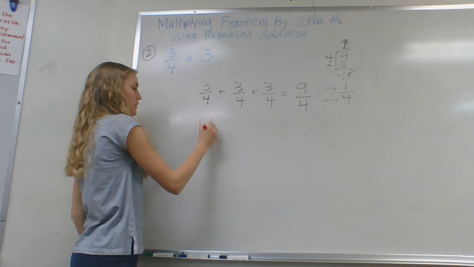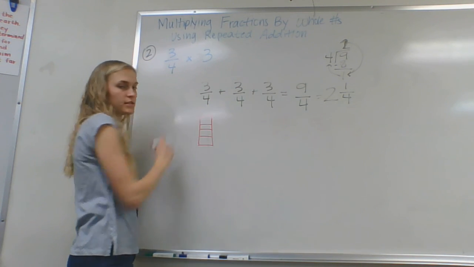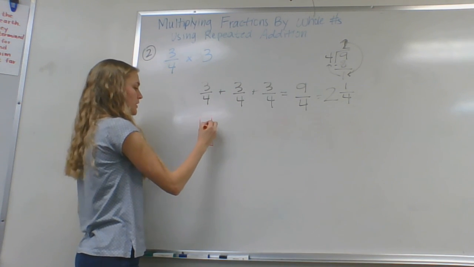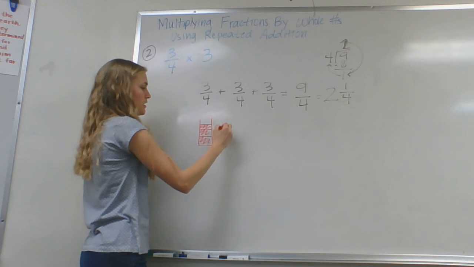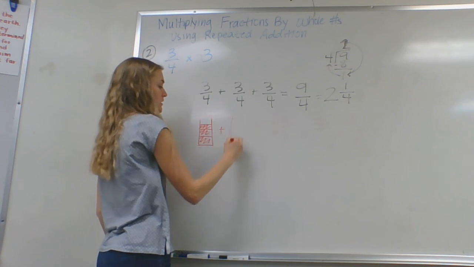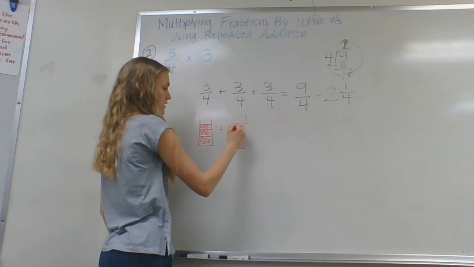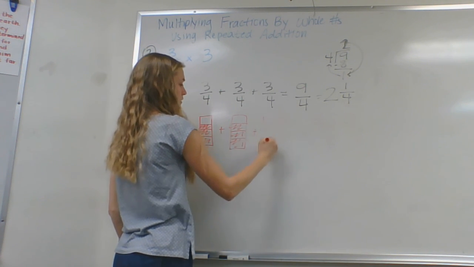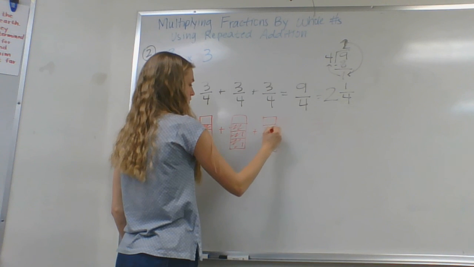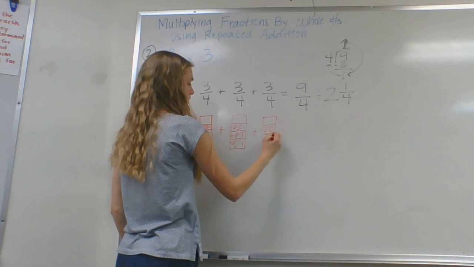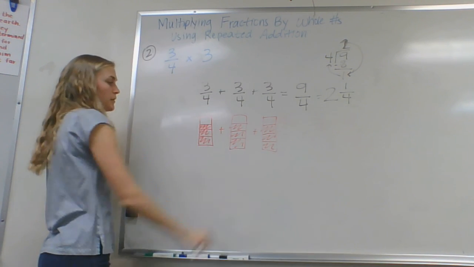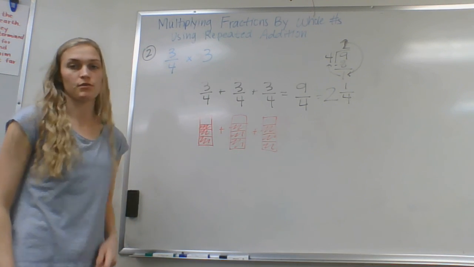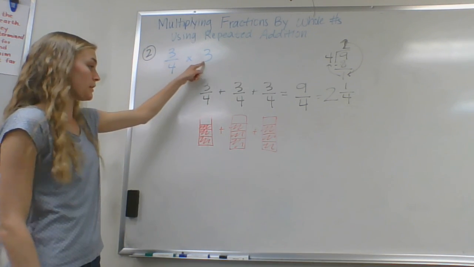So we're going to take a model and split it into 4 pieces because that's the denominator, shade in 3 of them. That's the numerator. And we're going to do that 3 times. Okay, so that's 3/4, 3/4, 3/4, or 3/4 times 3.